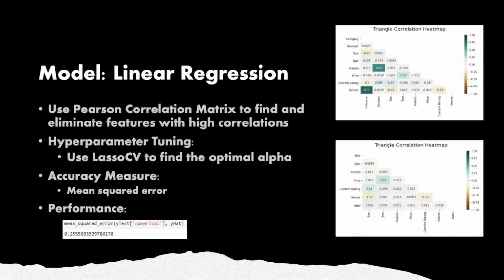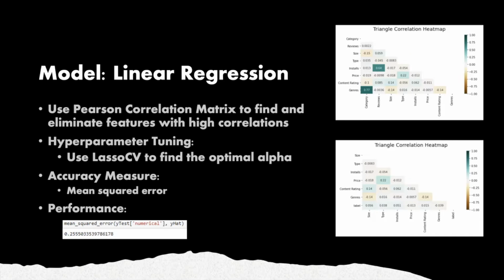Since our original target values are continuous, the first model we used is linear regression. First, we use a Pearson correlation matrix to find a limited set of features with high correlations. On the top right graph, we can notice that installs and reviews, and genres and category, both pairs have very high correlations.